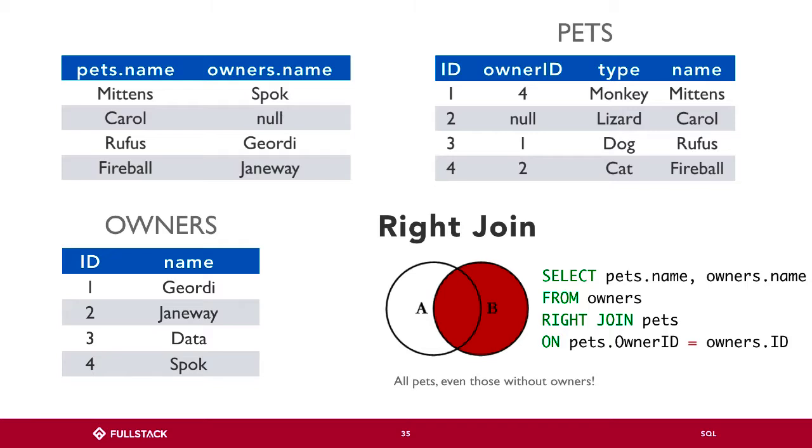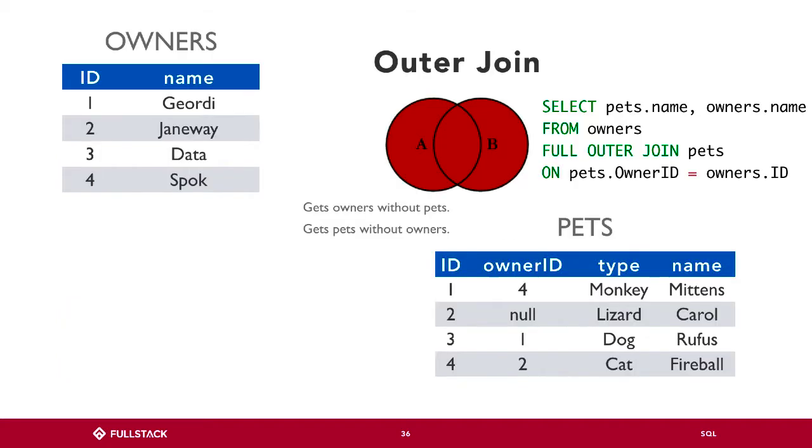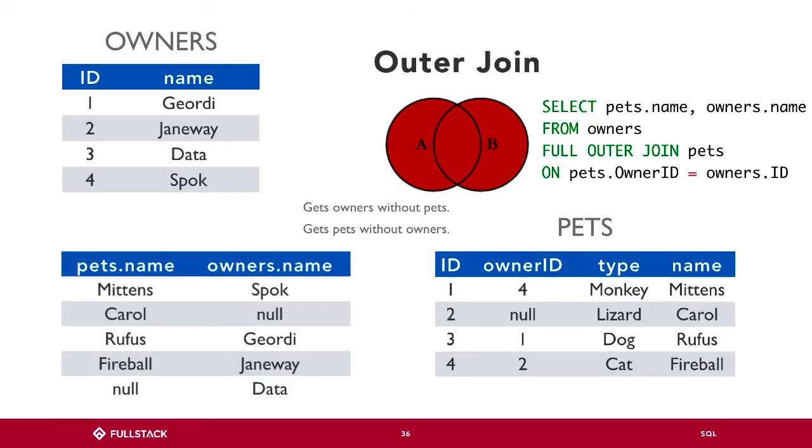Some relational databases will even make you do that, which I found out from SQLize. A full outer join gives you all of your data with all the nulls, and again, not all database engines support that. Here you see one with an owner name of null and one with a pet's name of null.